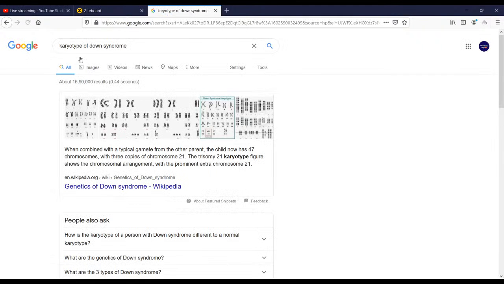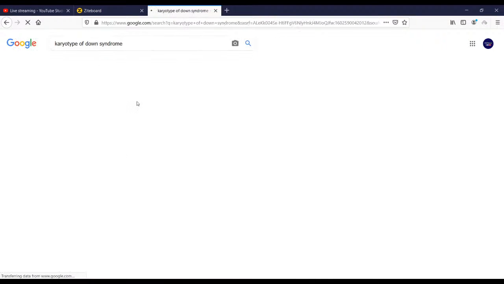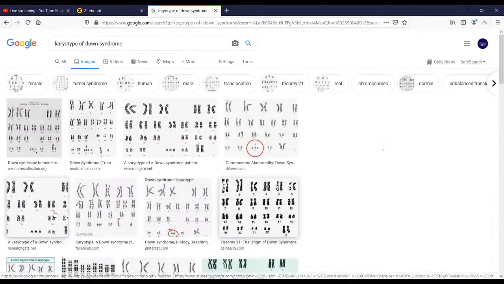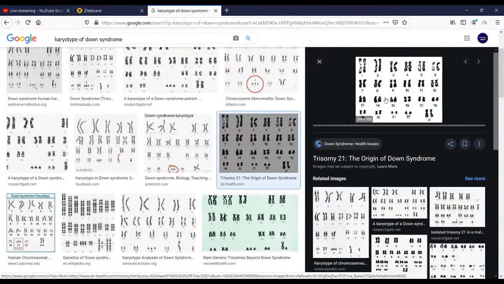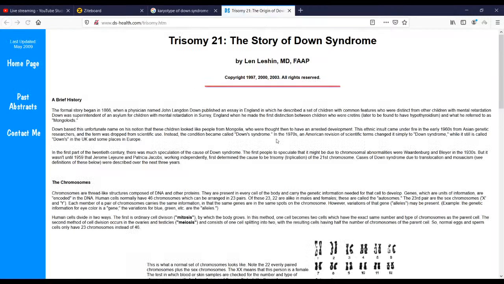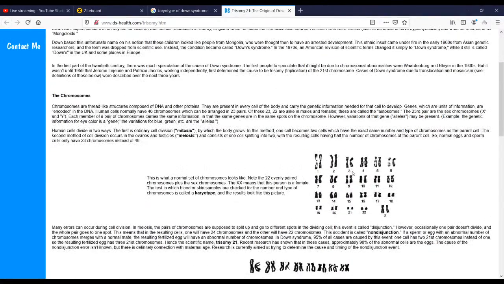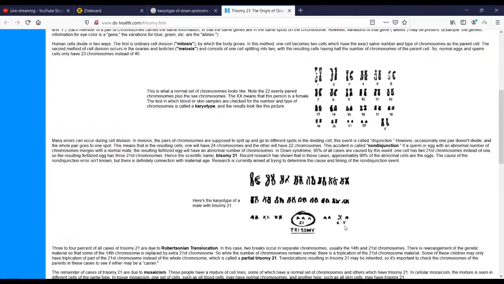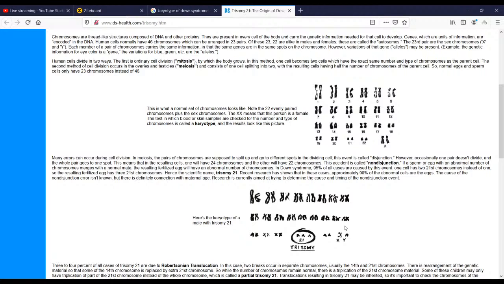Just look at this image. Karyotype of Down syndrome. If you look at a normal karyotype, it looks like this.